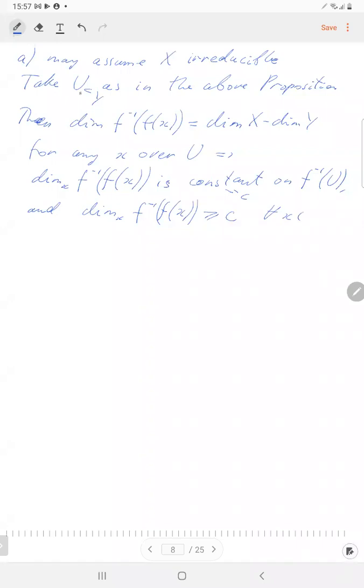For any X, just by B, I mean, by the second claim.